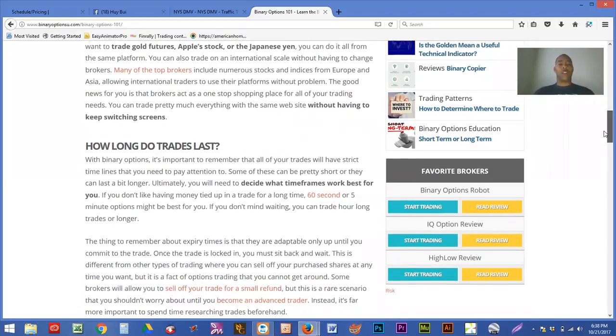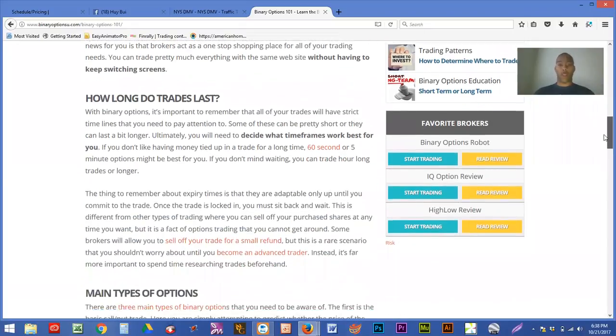How long does the trade last? Again, depending on your broker. Some brokers only allow you to do 15-minute trades. Some brokers give you more flexibility and they allow you to do what we call turbo trades. A turbo trade is where you can trade anywhere between 1-minute options. Some give you 2-minute options. Some will give you 3-minute options and 5-minute options. And then after that, it'll typically go into like 15-minute options.